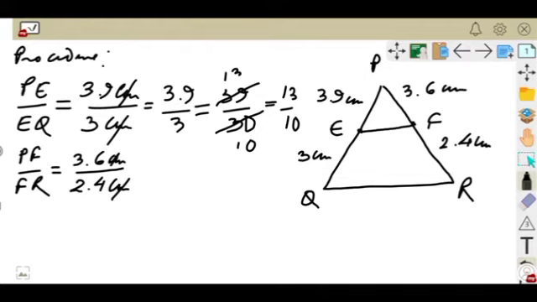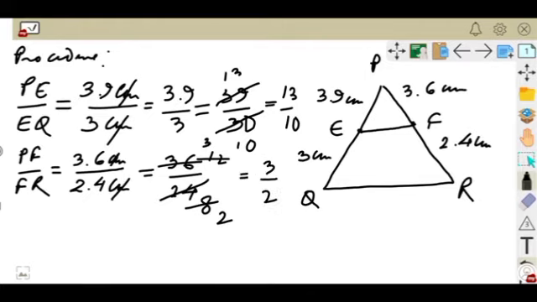Centimeter cancel, and if you multiply 3.6 and 2.4 by 10 each, I'm sure you'll be getting 36 by 24. Now let us cancel it. You get here 3 by 2.